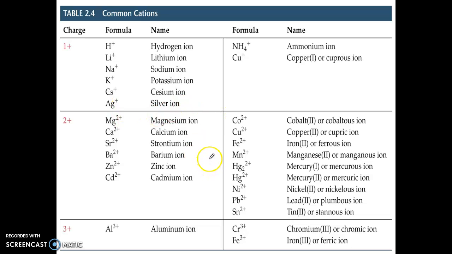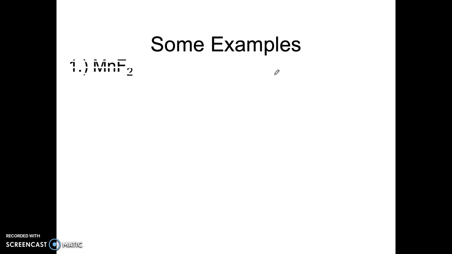Okay, you do not need to memorize this. Okay. So you can see there's some 2s and 3s. And we'll talk about some of these kind of things as well in a bit. Okay, so we're going to do some examples. So our first one, we have MnF2.